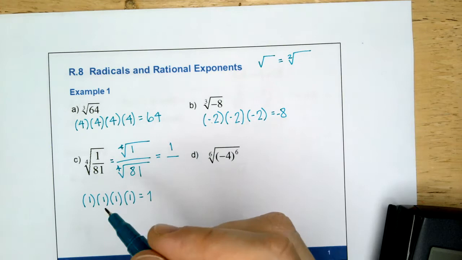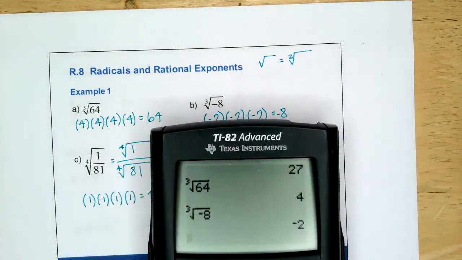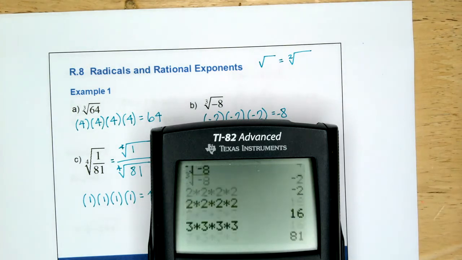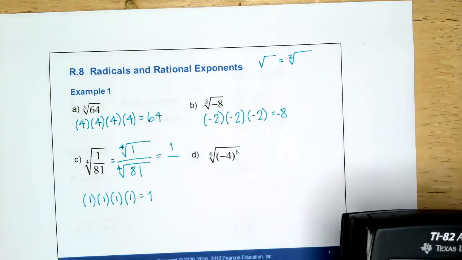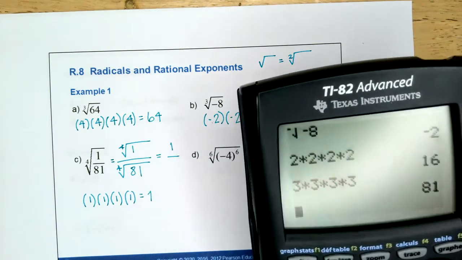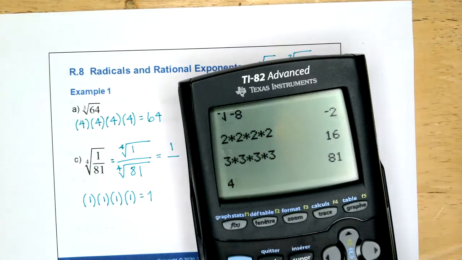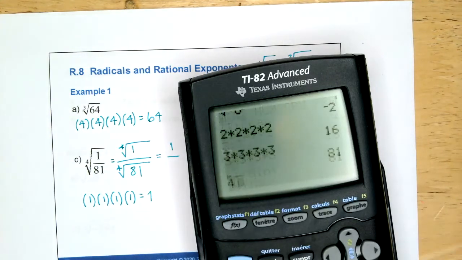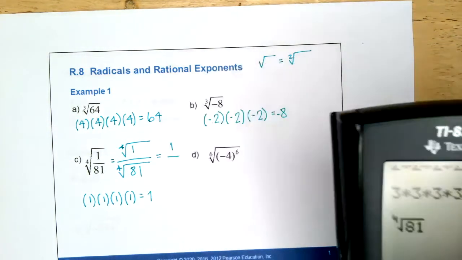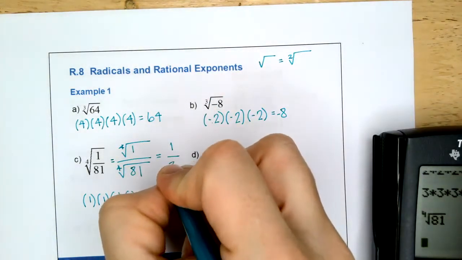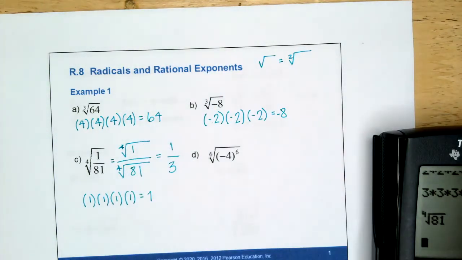And then what can I multiply times itself 4 times, 1, 2, 3, 4, and get 81? It's not 2. It's 3. Good. So the 4th root of 81 is 3, and this answer is 1/3. Good.